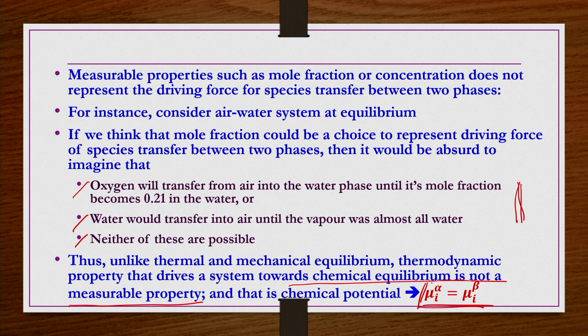For the time being, let us name that non-measurable property chemical potential. So, the chemical potential of the ith component in alpha phase should be equal to the chemical potential of the same ith component in the beta phase, if there exists a chemical equilibrium between these 2 phases alpha and beta.